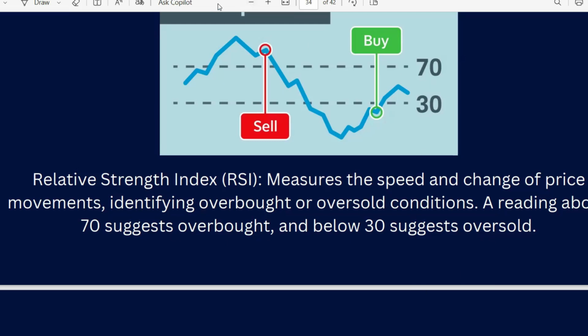I want you guys to take this and mark this down. When the stock is overbought, the RSI is going to be above 70. When the stock is oversold, the RSI is going to be below 30. I'm going to show you what the RSI is and how it can react to price action.